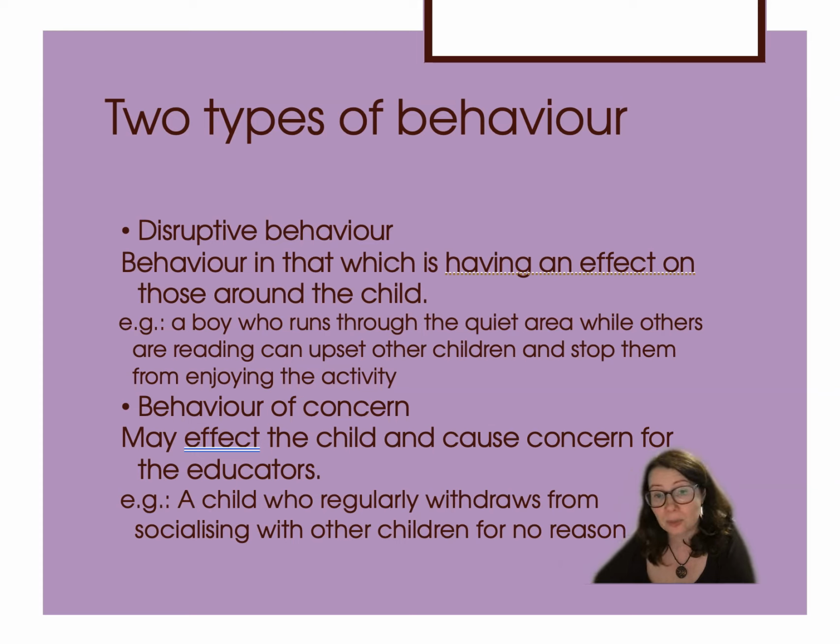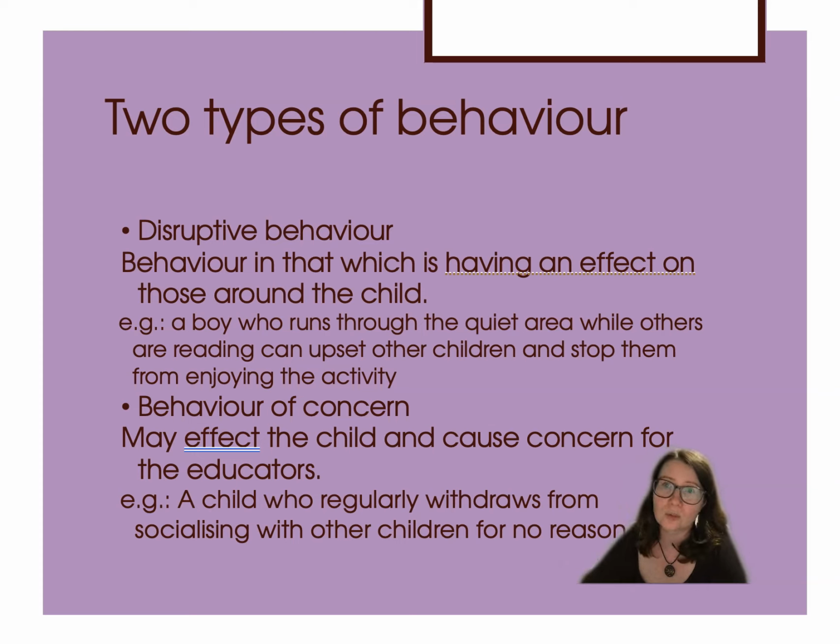The second type of behavior is more concerning. It's called behavior of concern. So it may affect the child and cause concern for the educators. Now, most experts move towards dysregulation or unregulated moment in a child's behavior. But we can call it behavior of concern because behavior is something we observe.